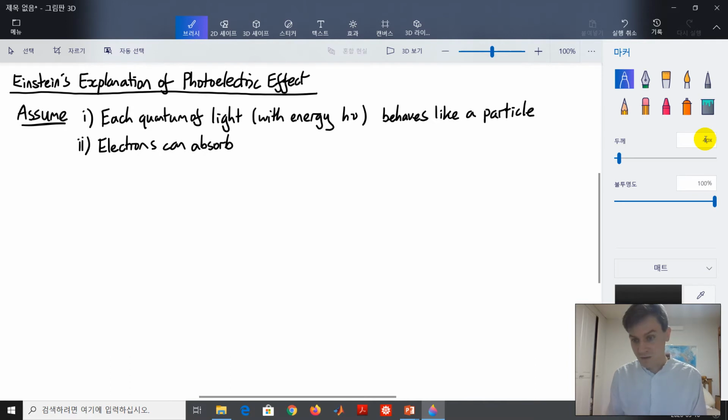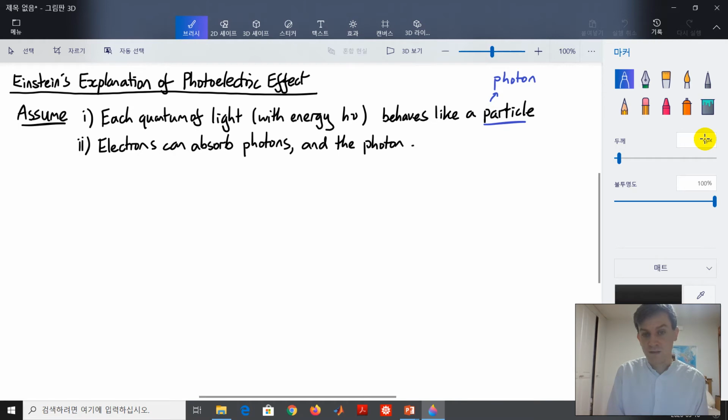Before I go any further, these particles later on got the name photons, which we've already talked about. So I will use the term photon to describe these particles. So electrons can absorb photons. The photon energy is transferred to the electron.